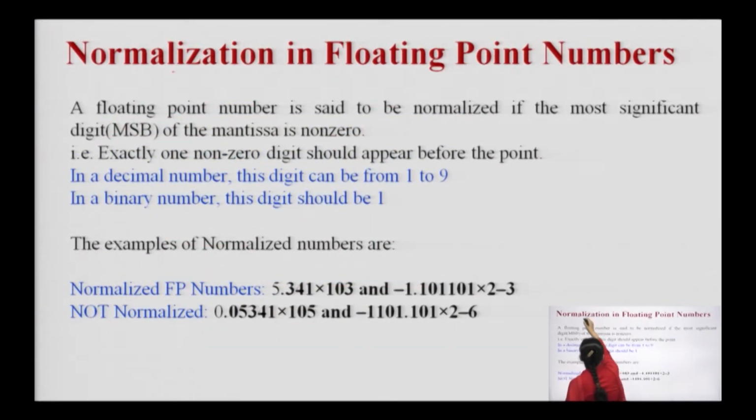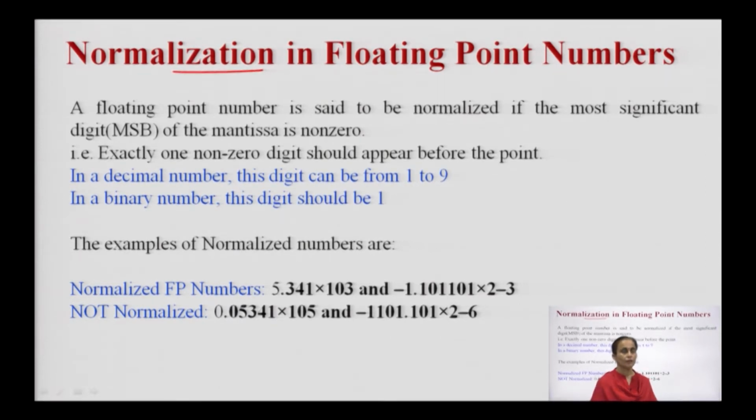Then what is normalization and how do we do it in floating point numbers? We require our floating point number to have the same value on one system and on another processor.